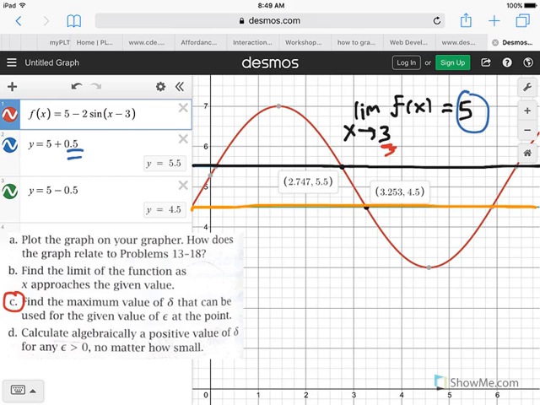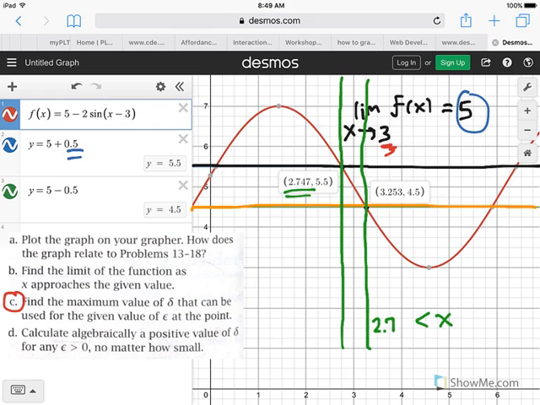And you can see from the graph, and I'll show you with these two vertical lines, basically when the input values for the function are within the interval from 2.747 to 3.253, and maybe I want to round up here to 2.75 just to be sure.